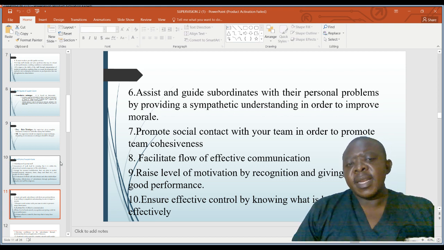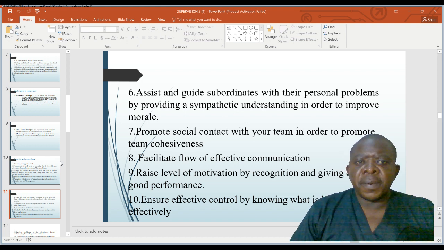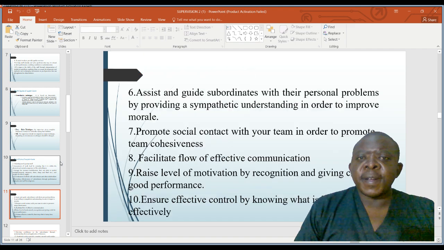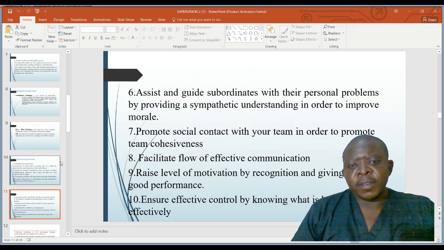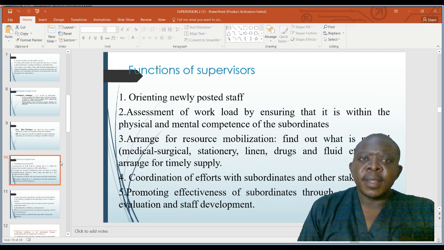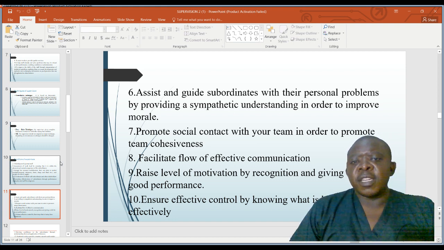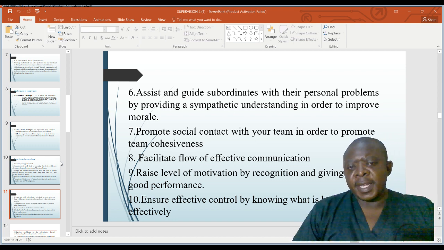The eighth function of supervisors, okay, the eighth function of supervisors, that is facilitate flow of effective communication.